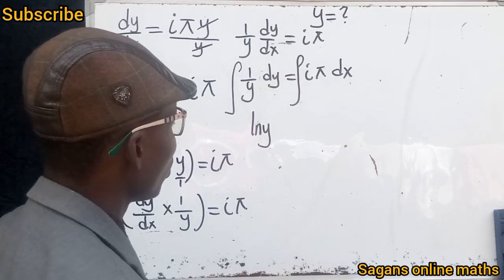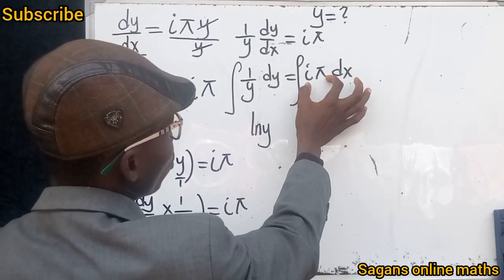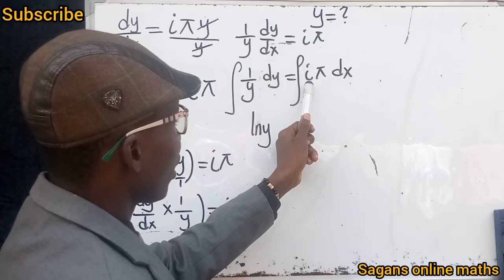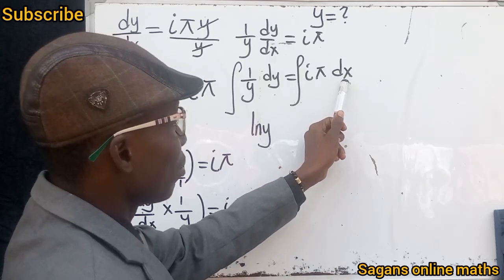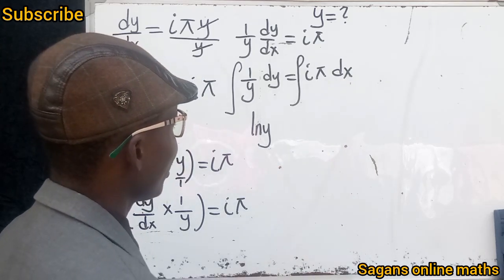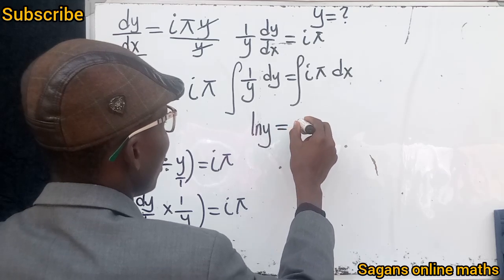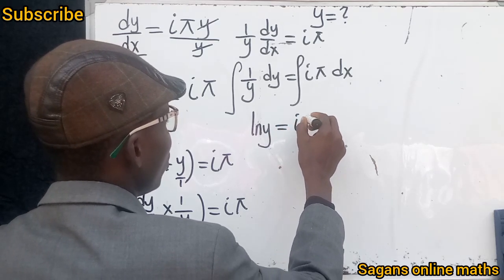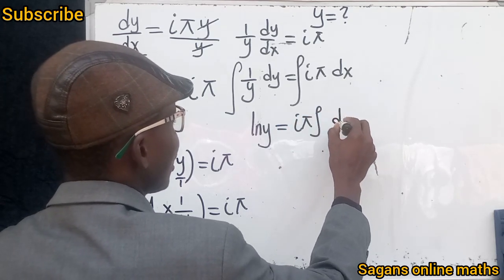Okay, that is good. Remember, I told you earlier that these are constants, so you cannot integrate the imaginary unit multiplied by pi dx directly. What are we going to do? Let's isolate them. So this is equal to pi multiplied by the imaginary unit times the integral of dx.